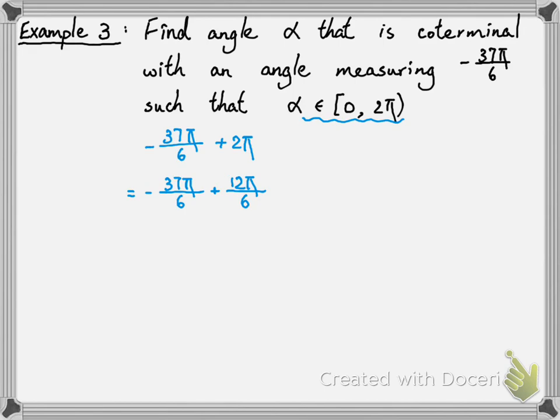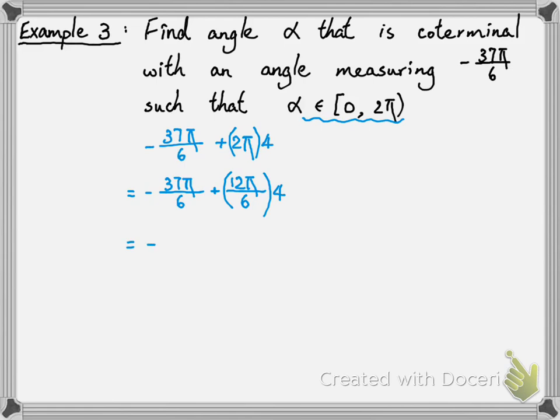So how many times should we add 2 pi in this case? If we add 2 pi only 3 times, that means adding 36 pi over 6. The answer is still negative. Let's try adding it 4 times.